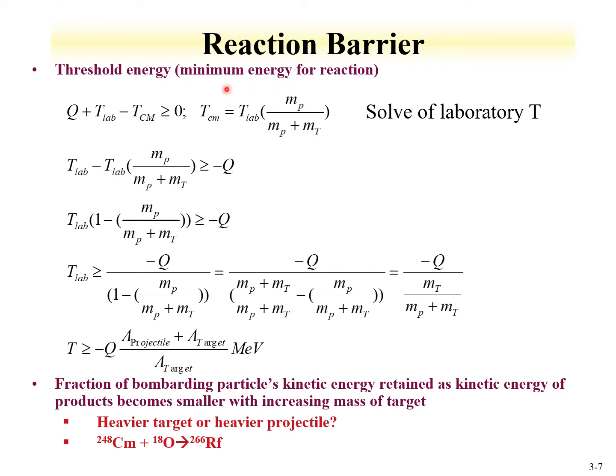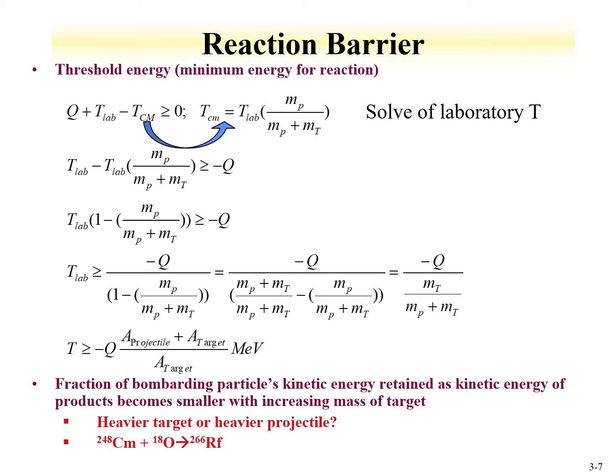We can solve for terms related to the relationship between the center of mass kinetic energy and the laboratory kinetic energy. So we substitute the kinetic energy of the center of mass with the laboratory kinetic energy times the ratio of the mass of the particle divided by the sum of the particle and target.